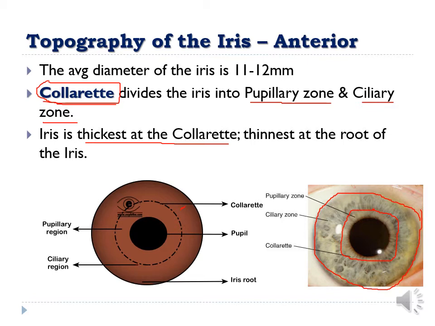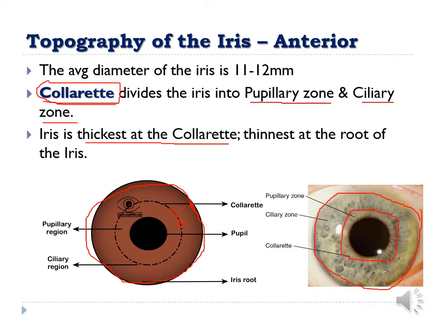When a question asks which part of the iris is thickest, it is the collarette. The iris is thinnest at the root, where the iris joins the ciliary body.